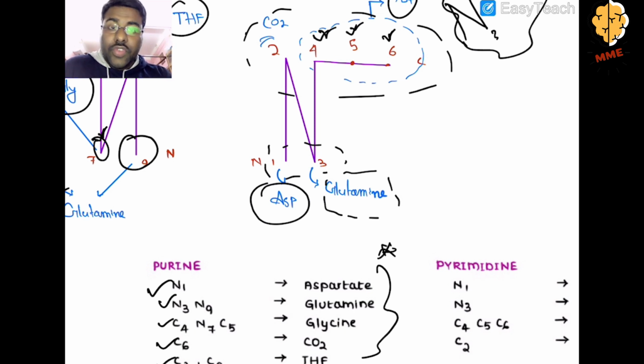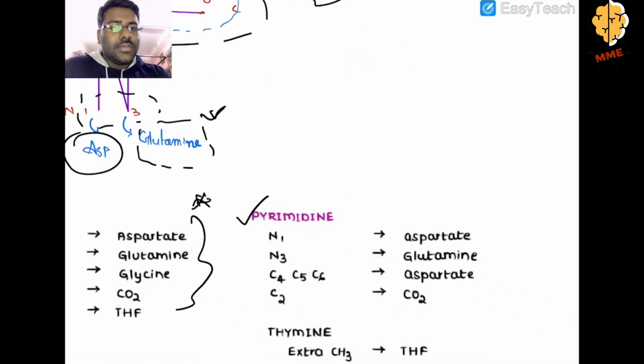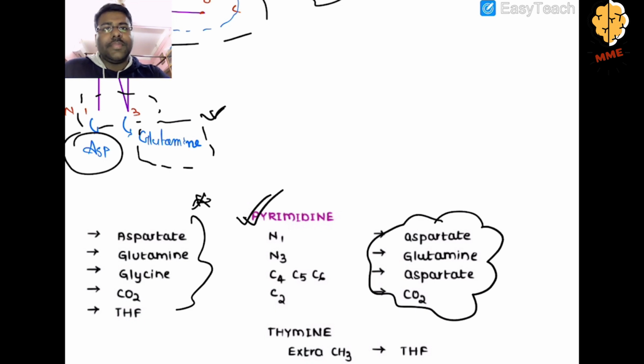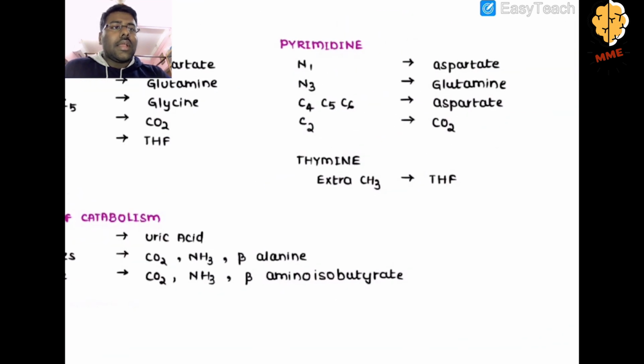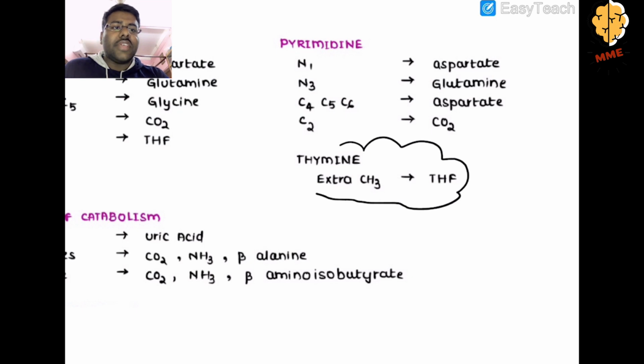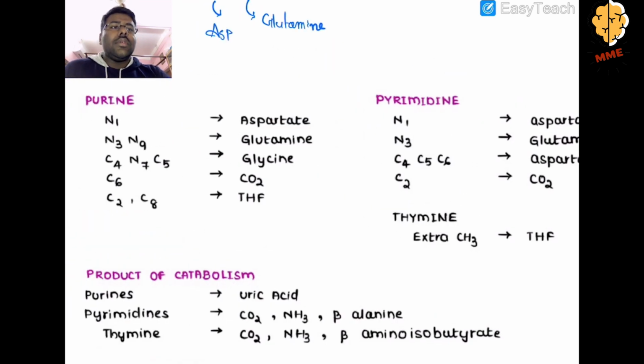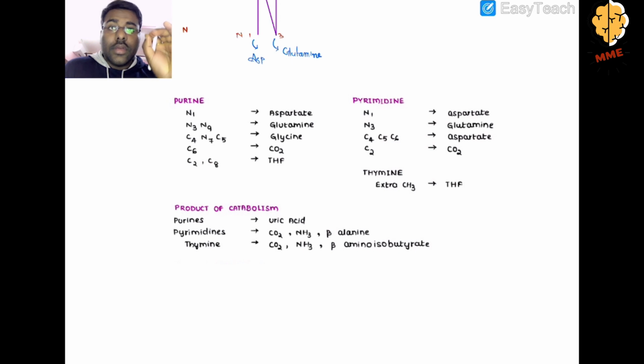The N3 is coming from the glutamine, and the second carbon is coming from the carbon dioxide. So these are the components of the pyrimidine. Okay, now coming to the thymine, there is an extra CH3 and the extra CH3 is coming from the THF. It is very important. So this is about the whole pyrimidine and purine components.